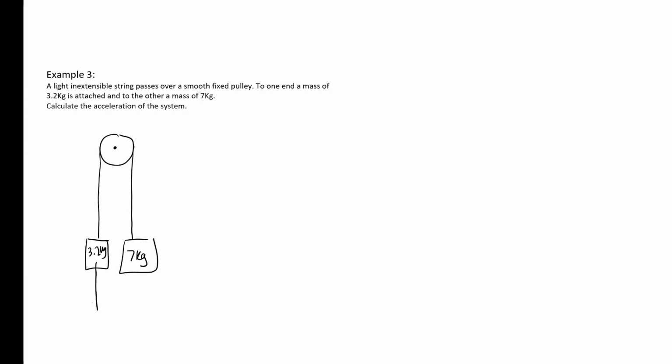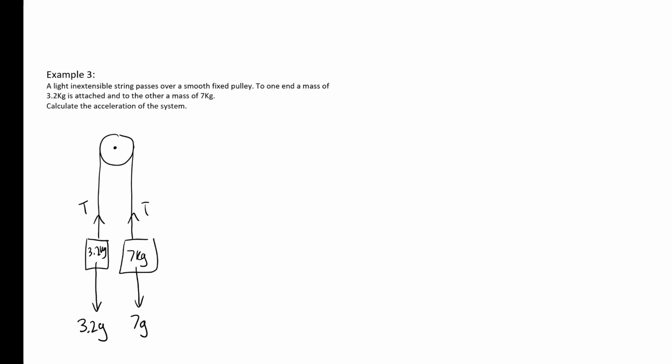As both of these objects have mass, they also have weight acting on them: 3.2g for the one on the left and 7g for the one on the right. They're both attached to a string, so they both have a tension acting on them. The tension is the same because the pulley is smooth. So that's step 2, adding in the forces.